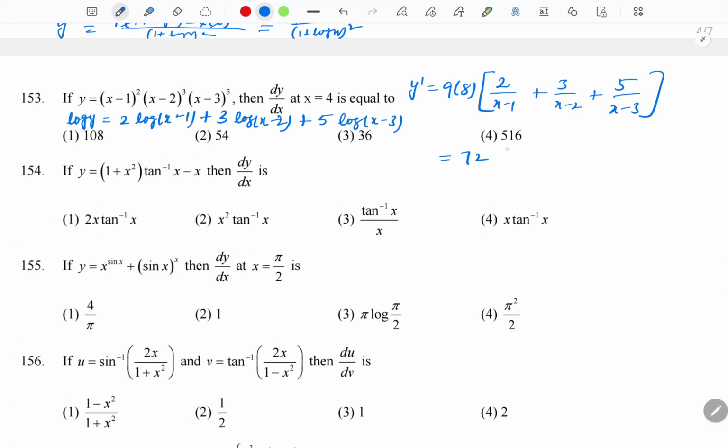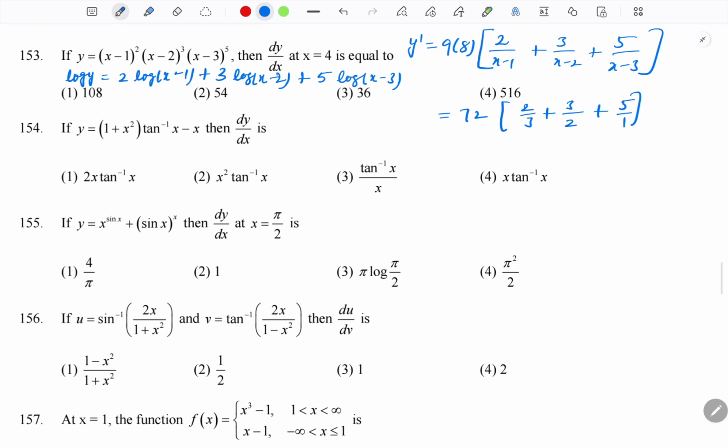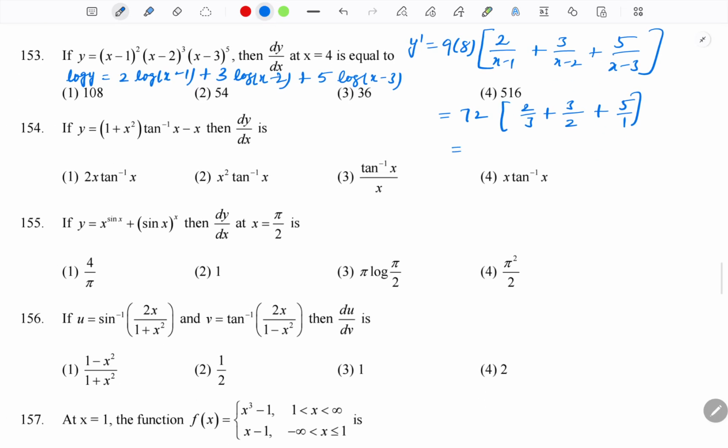Then inside, 2 by 3, at x equal to 4, so 3 by 2, 4 minus 2, 2, plus 5 by 4 minus 3, 1. So take the LCM. The resultant answer should be 72 times, and the LCM should be 6. Then 2 times 2 is 4, plus 3 times 3 is 9, plus 6 times 5 is 30.